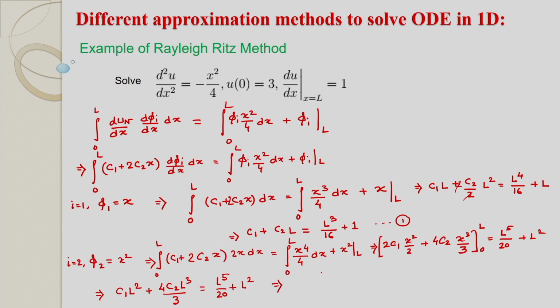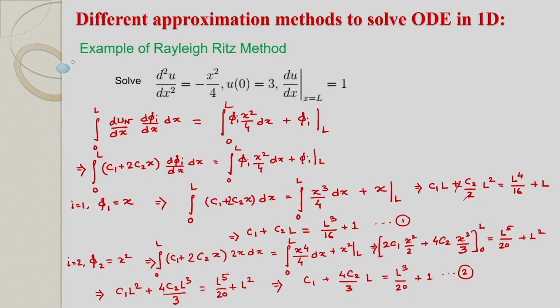If we divide the equation by L square, then C1 plus 4 C2 by 3 L equal to L cube by 20 plus 1. So, this is our equation 2. So, we have two equations with two unknowns C1 and C2. We have to solve these two equations.